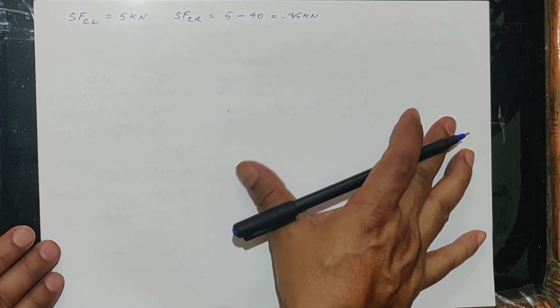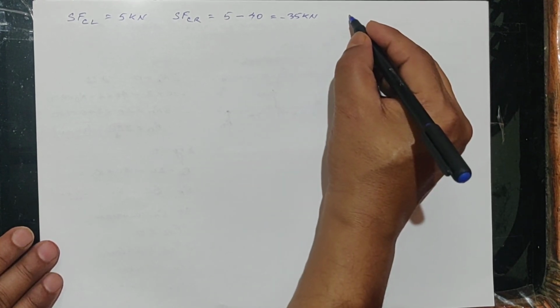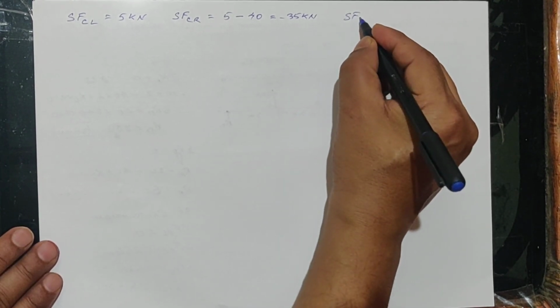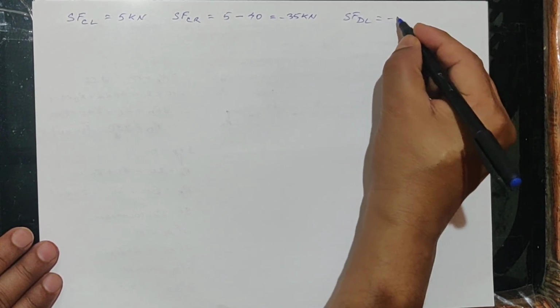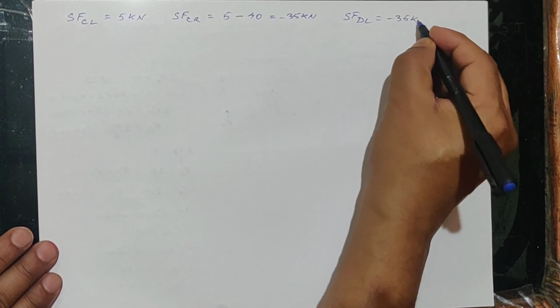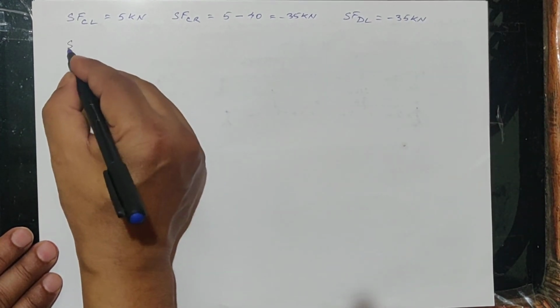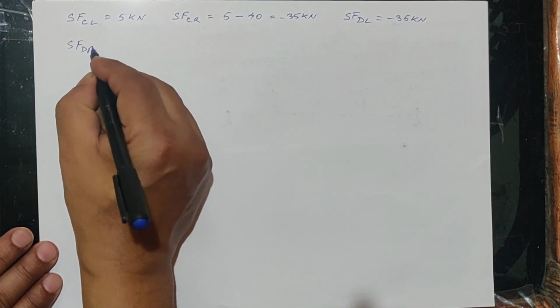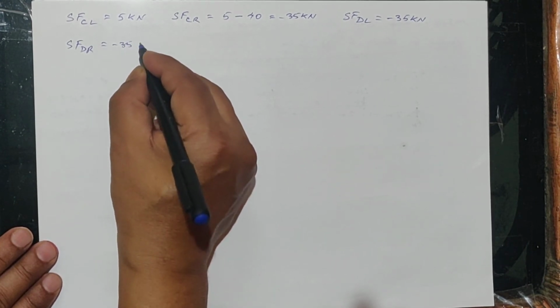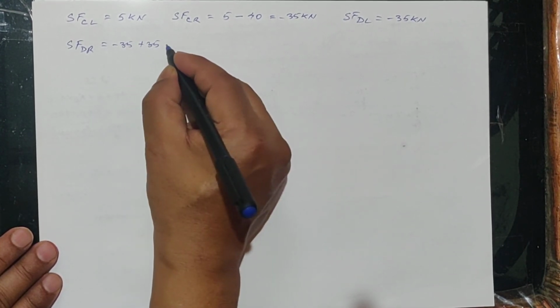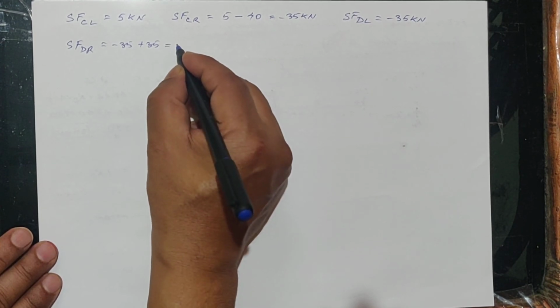And SF at D left, that is minus 35 will continue. SF at D right, that is equal to minus 35 plus 35, that is equal to 0.